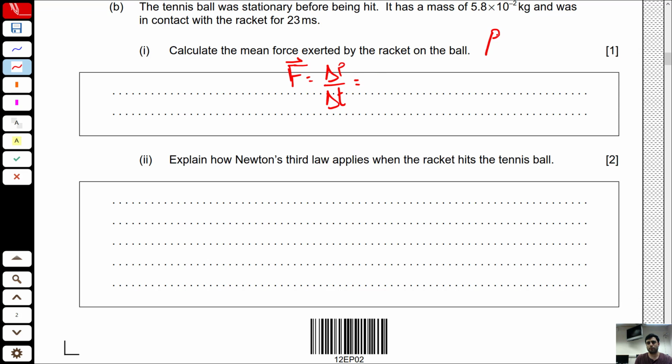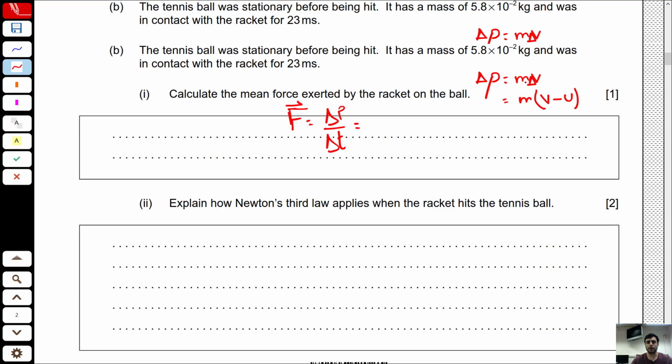As you remember, momentum is mass times velocity. So change in momentum is due to change in velocity, which can be further substituted as final velocity minus initial velocity.